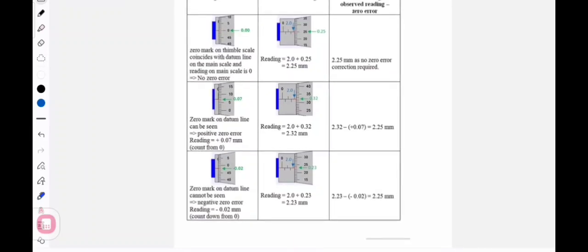See, this is the zero error case, this is positive error, and this is negative error. This is the observed reading, so you can go through this. Right. That's all. Thank you.